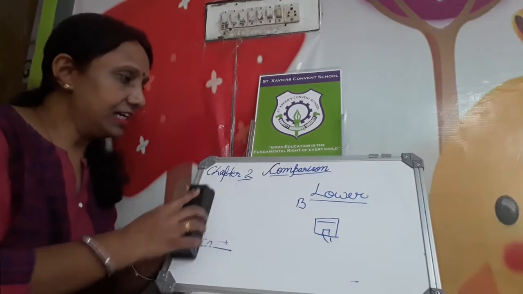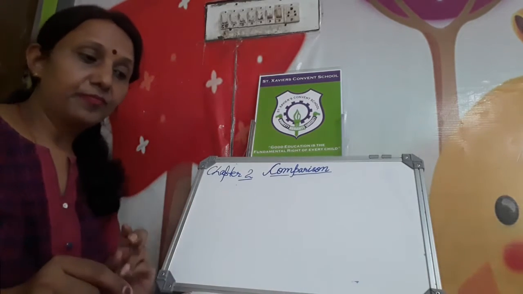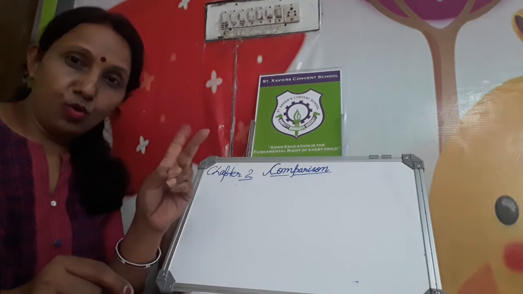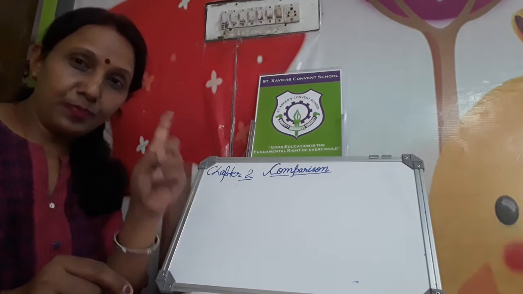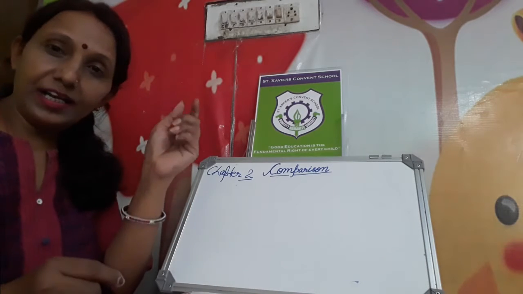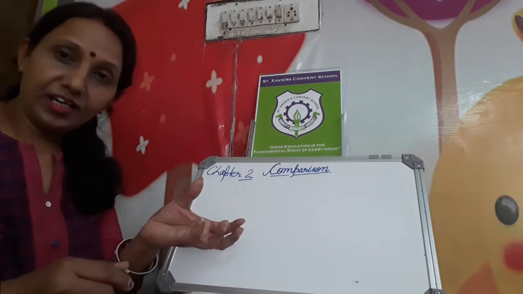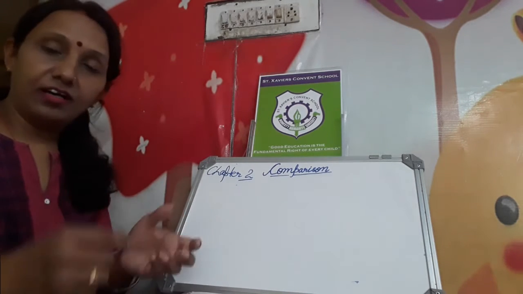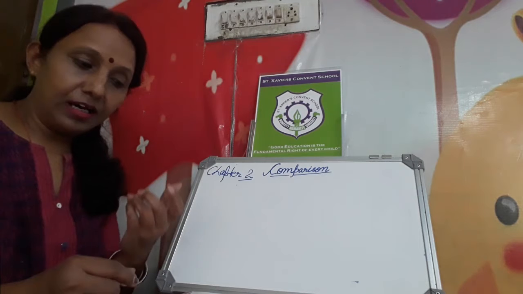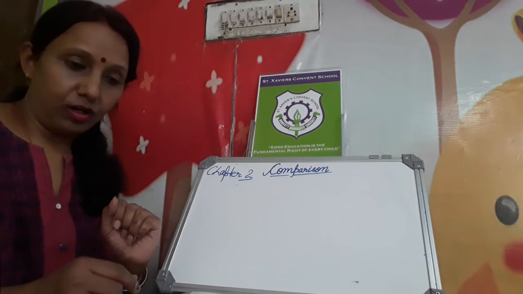So we studied the comparison of bigger, smaller, comparing two things, bigger, smaller, and the next one longer and shorter, then taller and shorter, heavier and lighter, then thicker and thinner, then higher and lower.